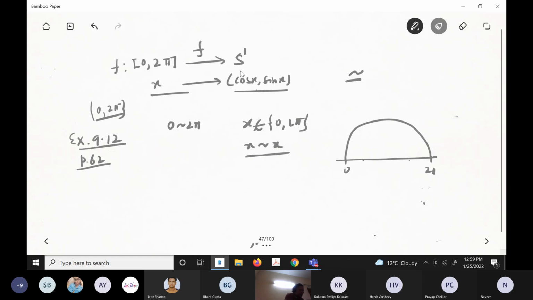So this is actually a quotient space, an identification space, same as decomposition space. Your decomposition is very simple: all the points you leave intact, only 0 and 2 pi you identify. That way the unit circle is a quotient space of this.